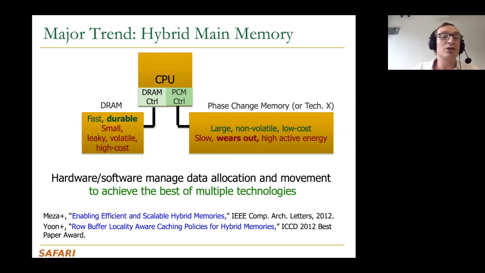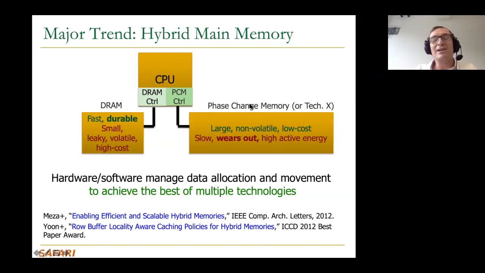And this is being employed today with hybrid DRAM. For example, you can have high bandwidth memory, but you can also have DDR memory. High bandwidth memory is fast, small, high cost, high bandwidth, low capacity.